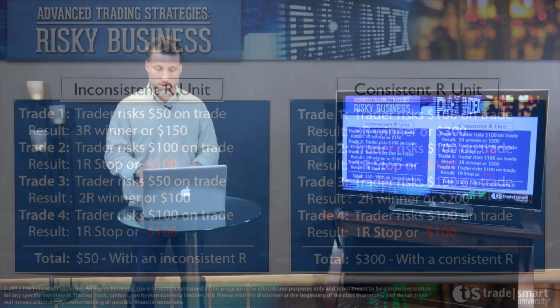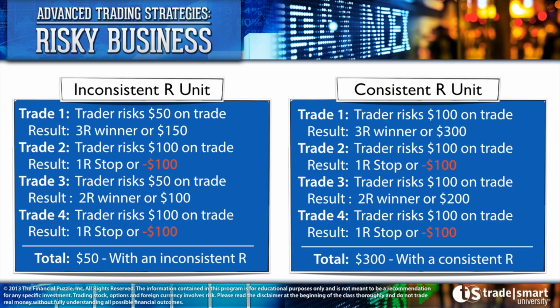This will be the last review slide, then we're going to get right into the options material. This is the money slide, because if you forgot everything else I told you in Risky Business and just remembered this slide, your trading results would change forever. You do not want to be the inconsistent R trader, risking different amounts for each trade.